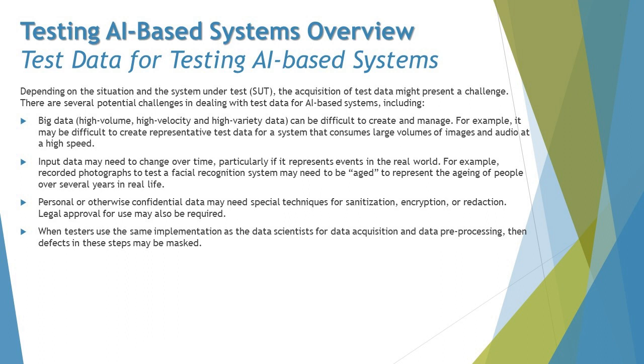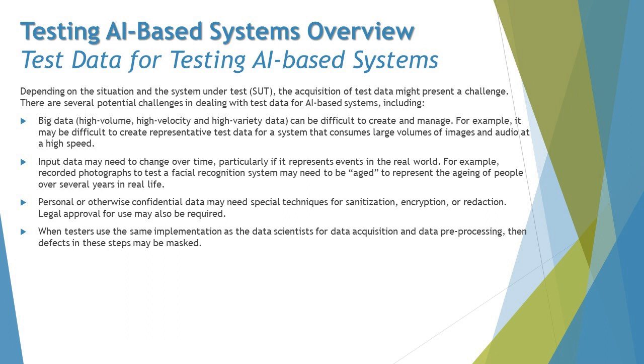So we need to take a lot of effort and use different techniques to conduct sanitization, which is cleaning of the data, encryption, and redaction, which are securing the data in a way that the system does not disclose the real values to any other users, where security testing can also take place at this point to make sure that the AI-based system is highly secure.